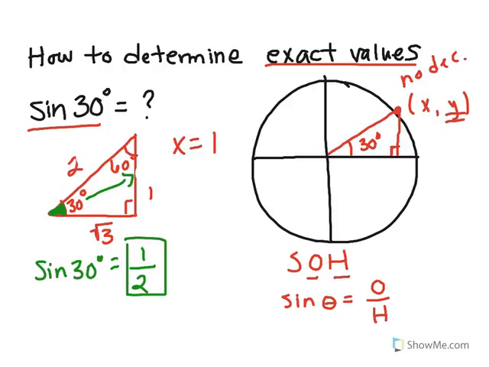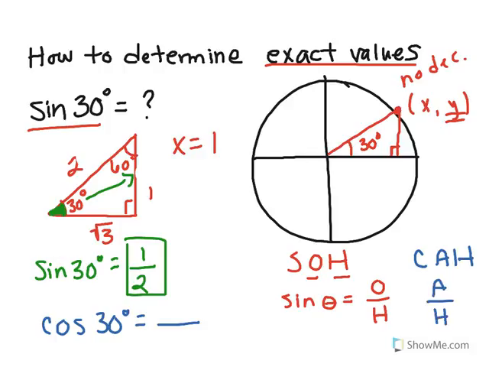So, using this same exact triangle, what would the cosine value of 30 degrees be? I'm going to write this right below in blue, cosine of 30 degrees. Now, the cosine of 30 degrees, if you remember, was adjacent over hypotenuse.